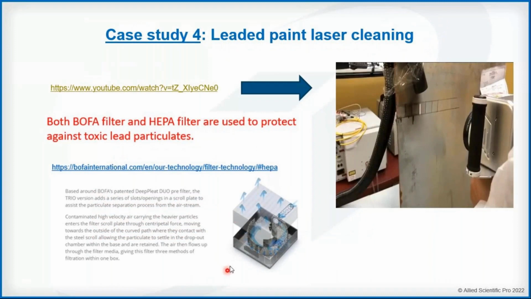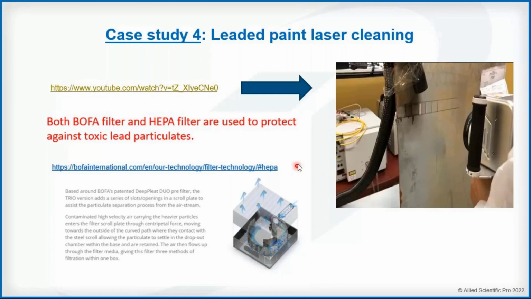Here's case study number 4, leaded paint cleaning. As you know, lead is very toxic, and cleaning lead with a laser cleaner, one has to be very careful. It's not only important to use a HEPA filter, but you also need to use a BULFA filter that has these scroll plates.